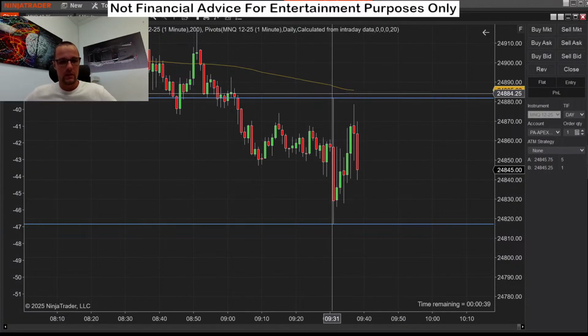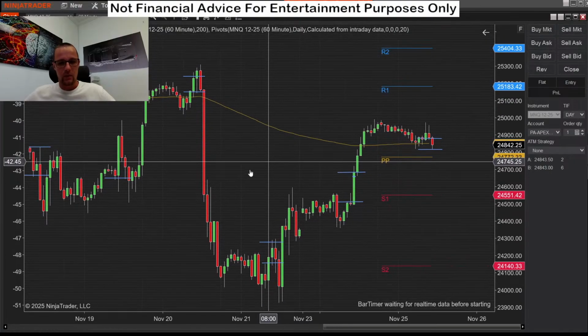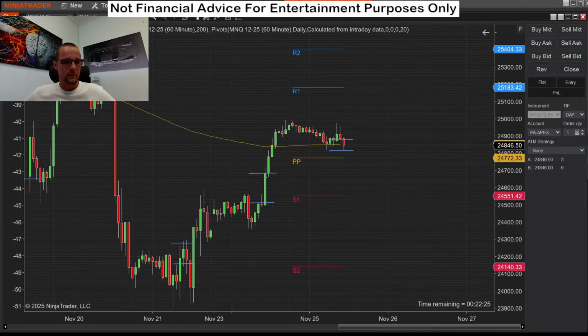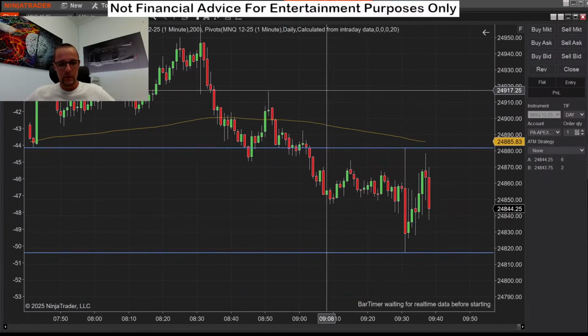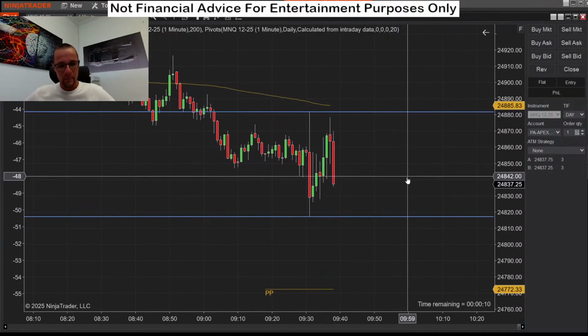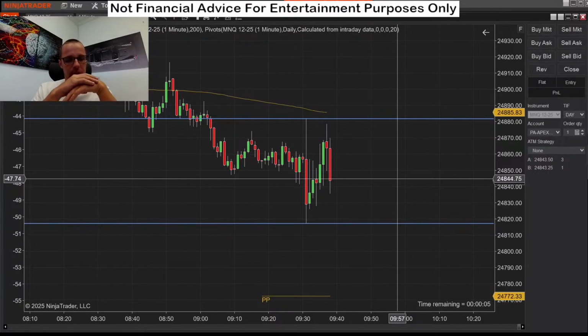That's why you see it above price right now on a 1 minute chart, because it's 200 candles on a 1 minute chart versus 200 candles on, say, an hourly chart. They're at different areas because it's a different time frame, but it's 200 candles on any time frame. So it works pretty well. It's not something I would use to take entries off of, but I like to have it as a gauge.